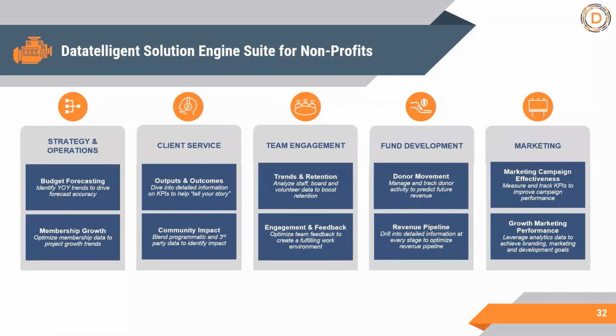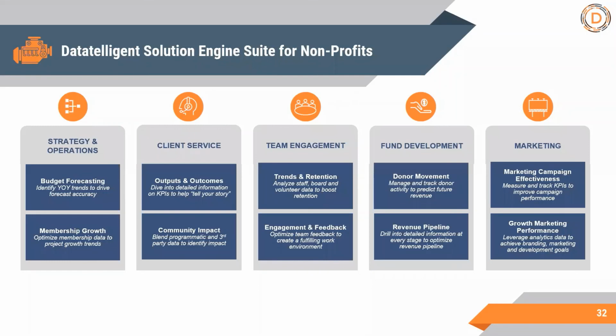Now, I alluded to this earlier, but to help with the speed to value for our solutions, we developed these solution engines, and you can see them in more detail here. We have 5 different categories of solution engines for nonprofits. The first group is strategy and operations.